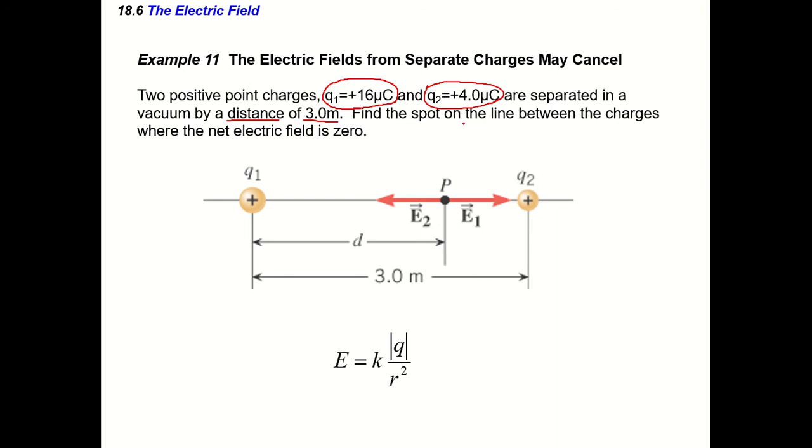Now find the spot on the line between the charges where the electric field is 0. The net electric field is equal to 0.